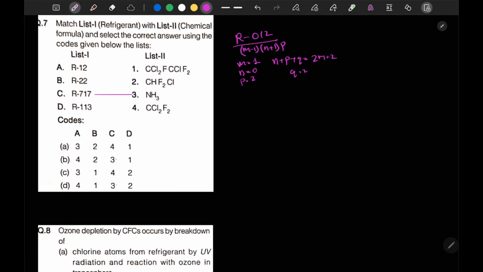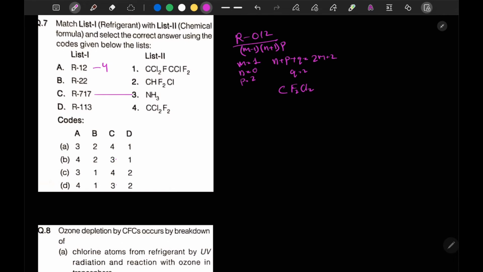So we can write our formula as C H N, H is 0, so we won't write it, CF2Cl2. Okay, so R12 is written as CF2Cl2. So A is 4, so 4 3.